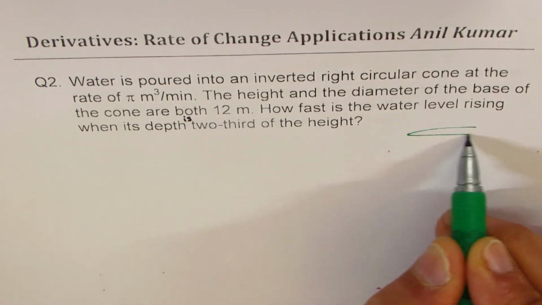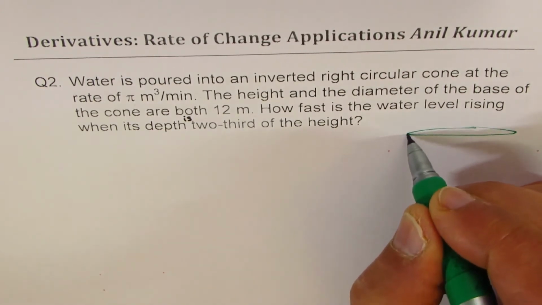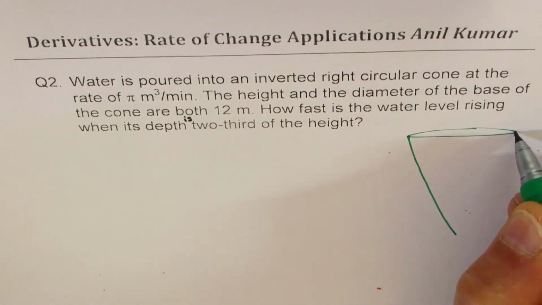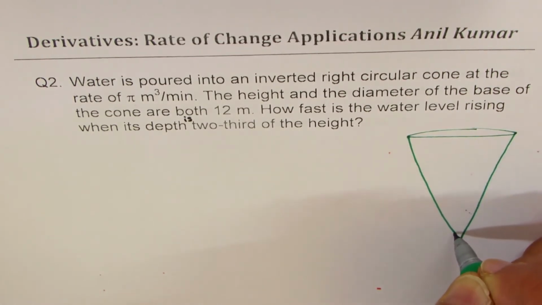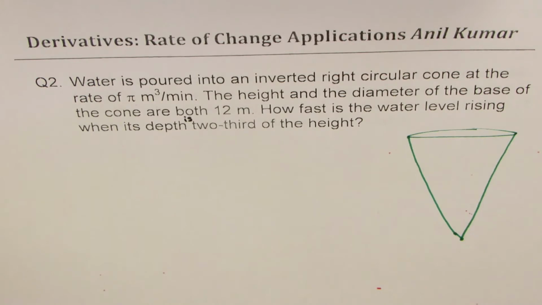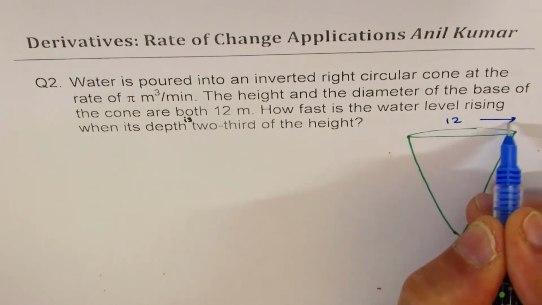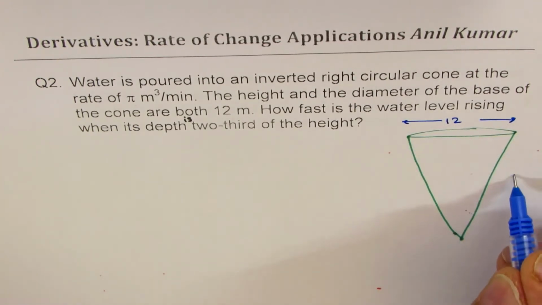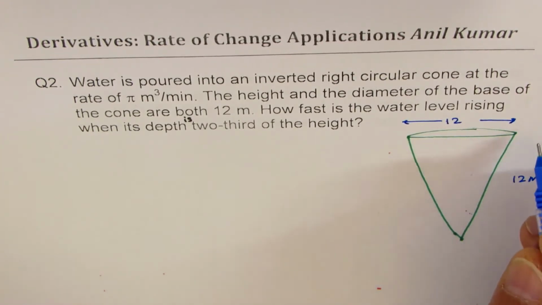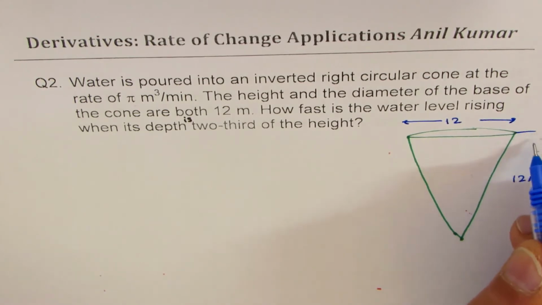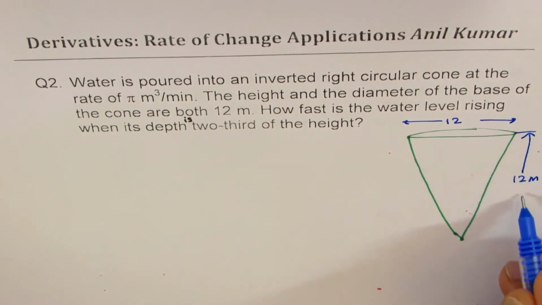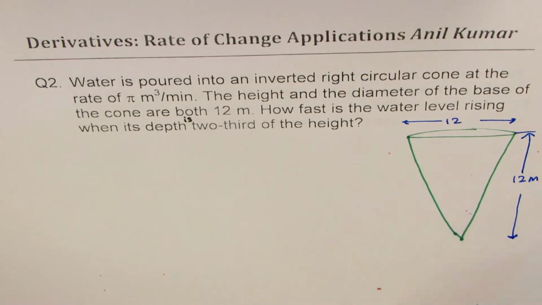It helps. Since we have already done an example, I think the concepts are absolutely clear. In this particular case, we are given both height and diameter of 12 meters.